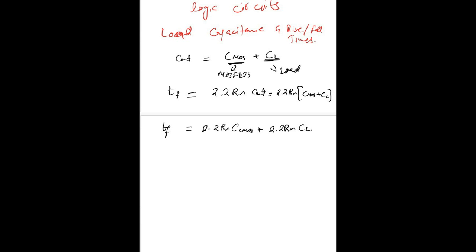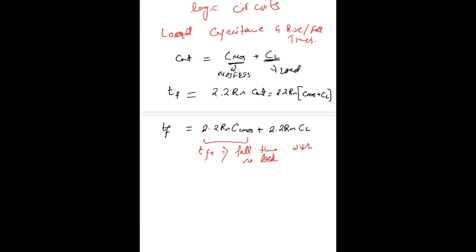We can define two terms here. This one term is our TF naught. This basically implies the fall time with no load, when there is no load at our output. So this represents the fall time for our no load condition.